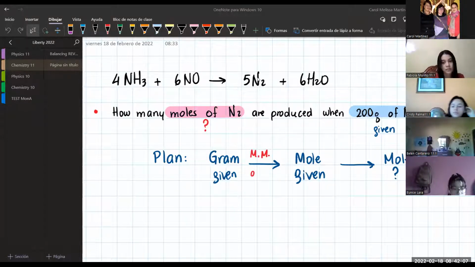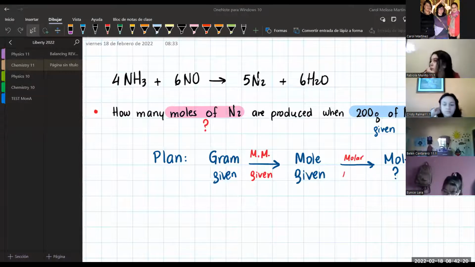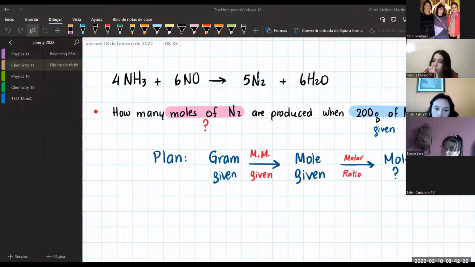Of the given. Now from moles given to moles unknown, what should I use? Molar ratios. So with this, you have already structured your plan. Now all you need to do is start working on it.